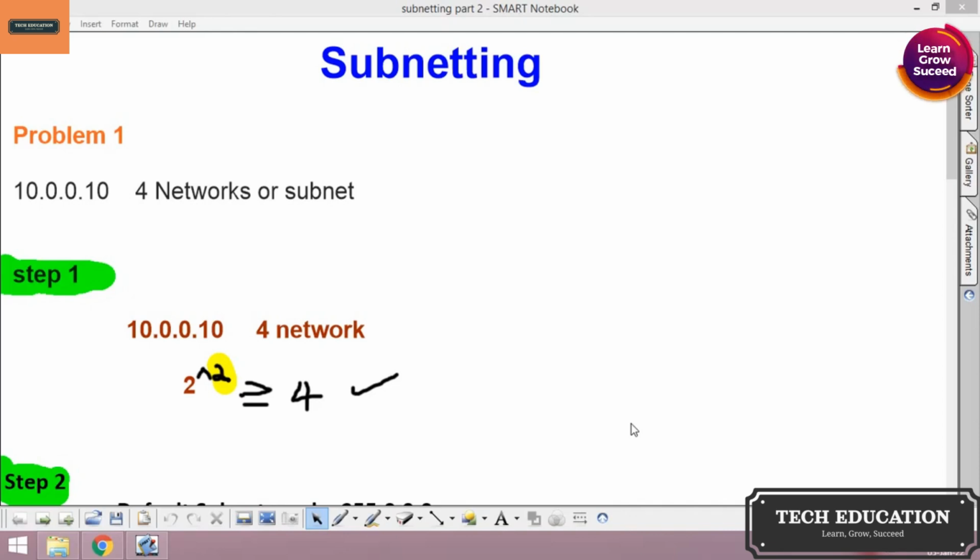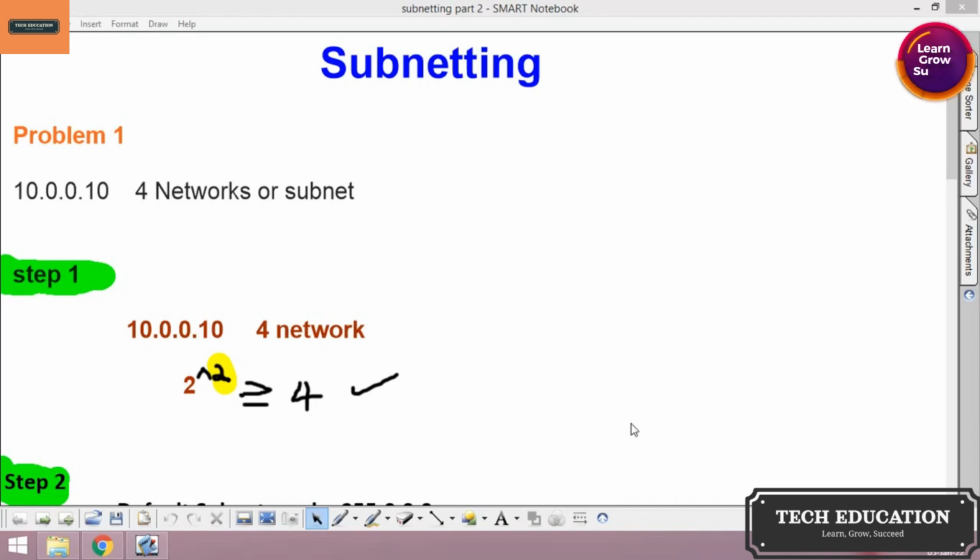In this session I solve two problems, covering the network method and the host method. Let's start with the first problem.